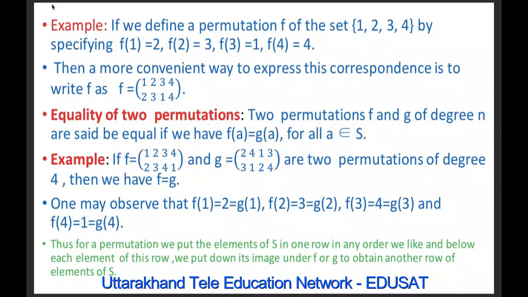Therefore F(4) is equal to G(4). So we observe that the images of all the elements under F as well as G are the same. Hence, these two permutations are equal.